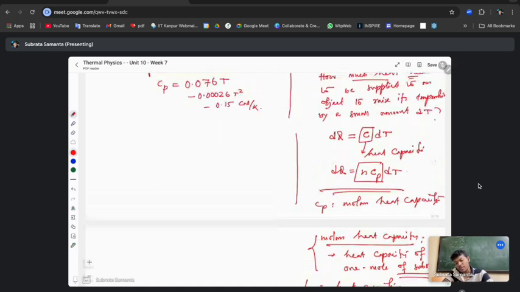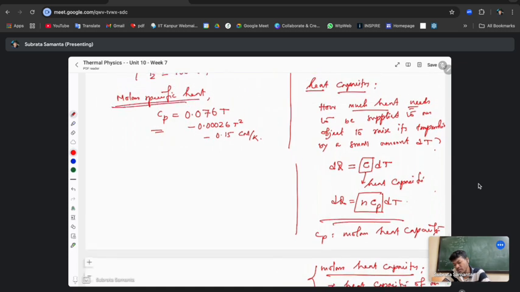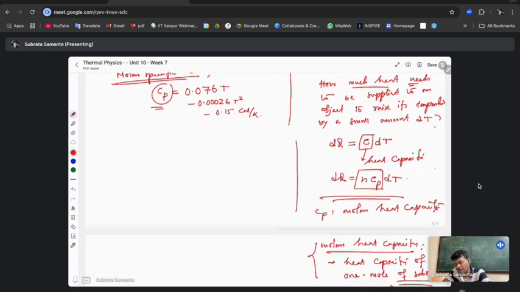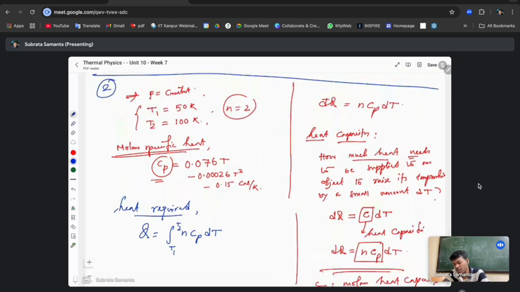So in the problem, the molar specific heat Cp is given, and the heat required, dq, is basically the integral of n Cp dT, for the temperature T1 to T2, which is given as 50 Kelvin to 100 Kelvin.